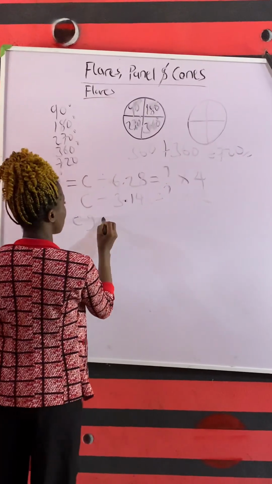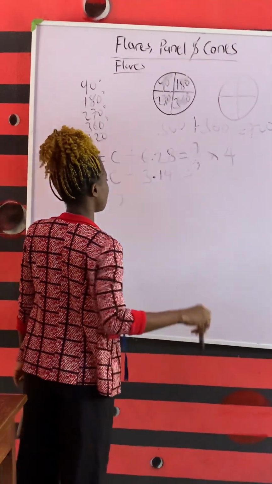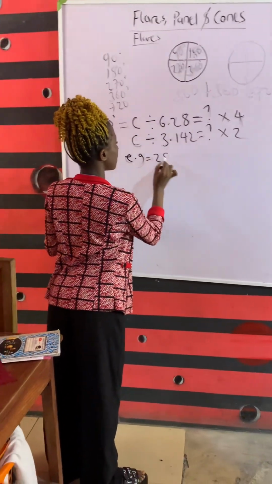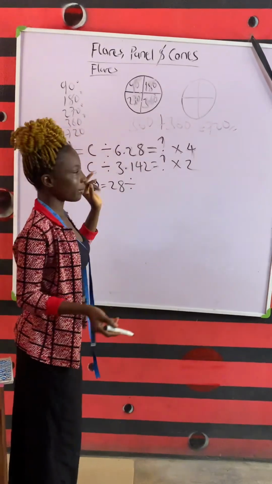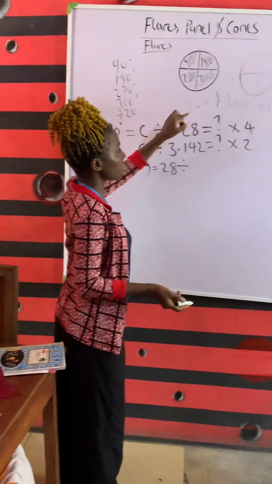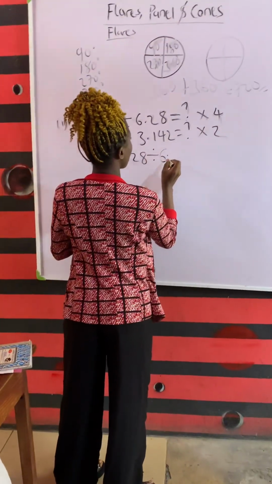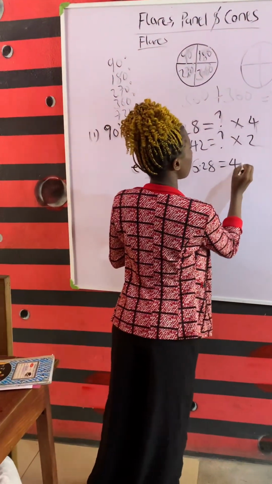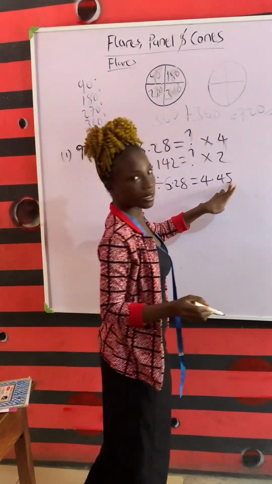So we are going to use 28 as my circumference. We are using my waist circumference. My waist circumference is 28. 28 divided by the first one. We are going to use the first formula first. 28 divided by 6.28 is 4.45. We are going to approximate it with 4.5.